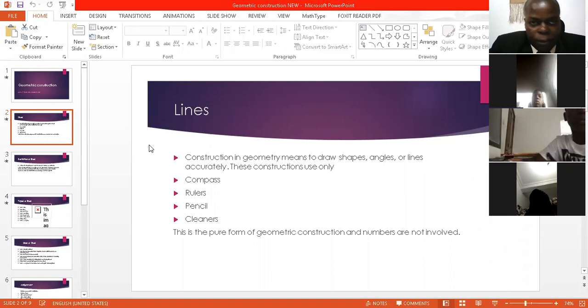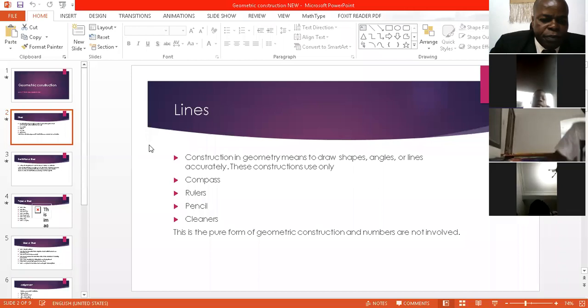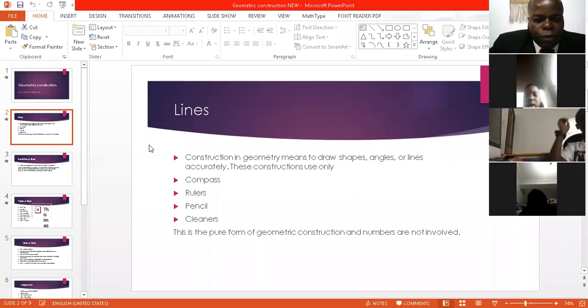Let us have the class first, after which we can decide to copy later. Don't copy now. Just listen attentively. So when we talk about geometric construction, geometry means drawing of shapes, angles, or lines accurately.